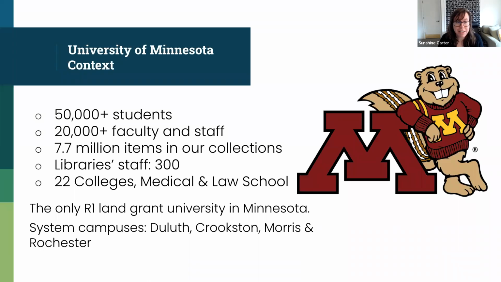We have a lot of students, faculty, staff, a lot of content that's both print and electronic, and we have a lot of staff that wear a lot of different hats, but we're able to focus our staff into very specific areas and responsibilities, which is very helpful when trying to track down some of this information that we're attempting to gather for our perpetual access information.